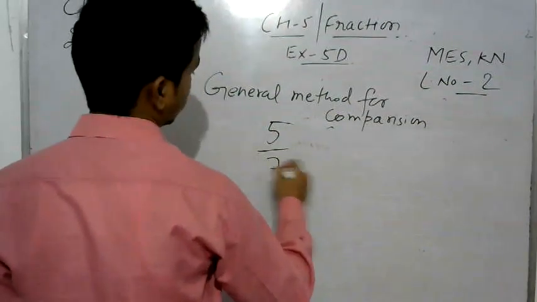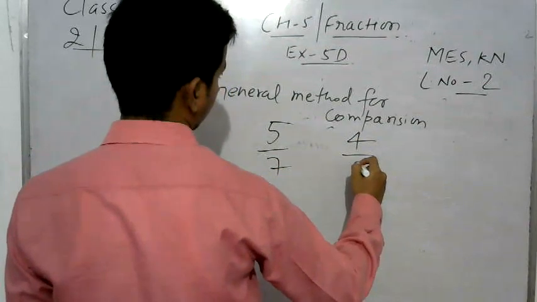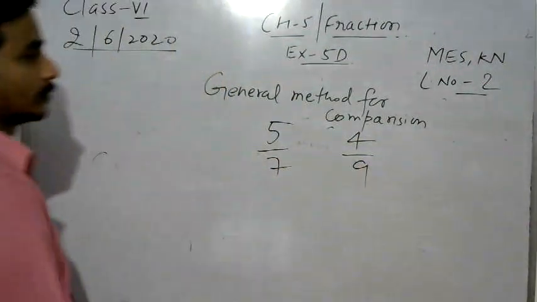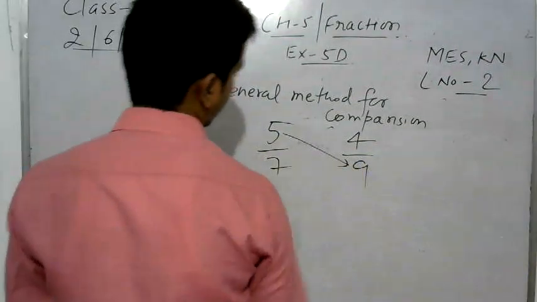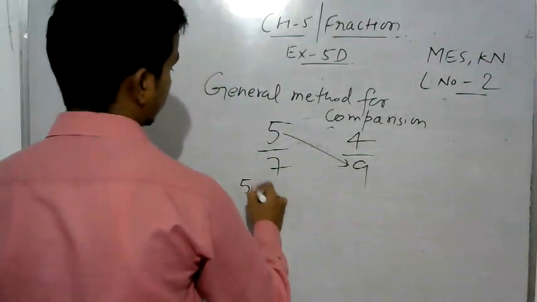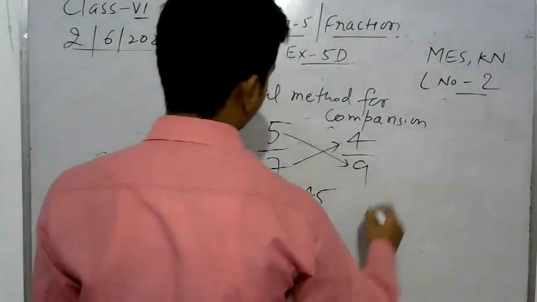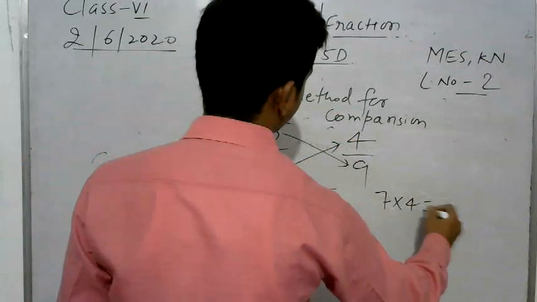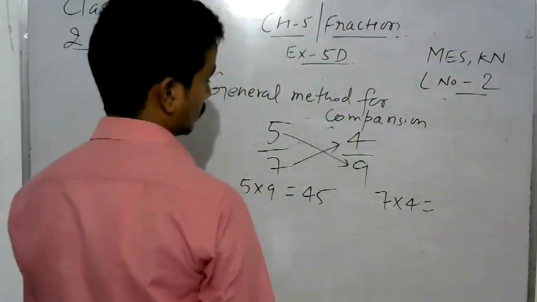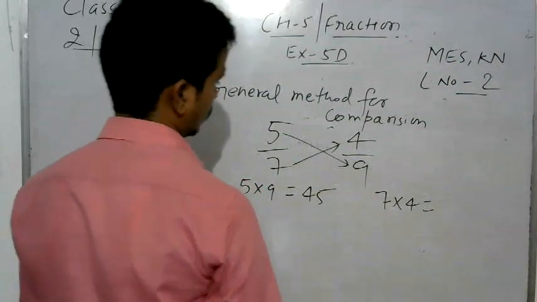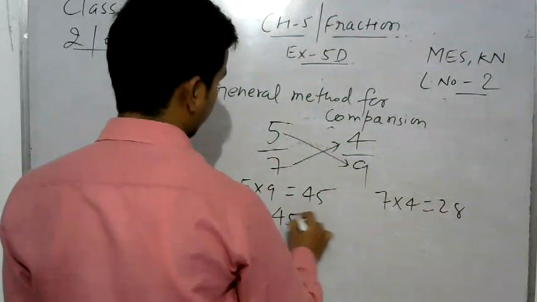Suppose 5 by 7 and 4 by 9. Which one is greater? How to compare this? Just multiply 5 into 9. So 5 into 9 is equal to 45. And what is 7 into 4? 7 into 4 is 28.